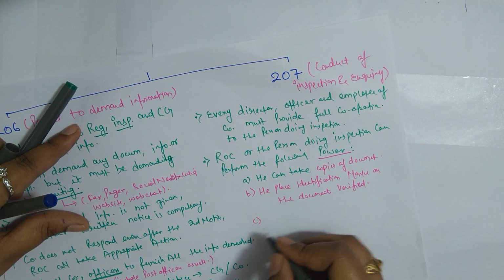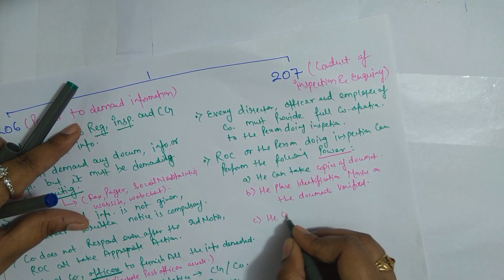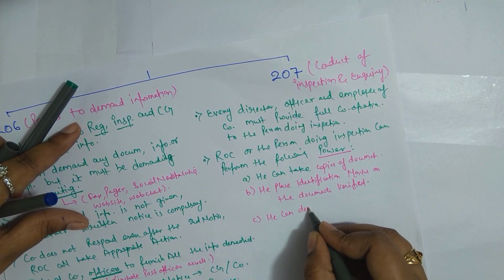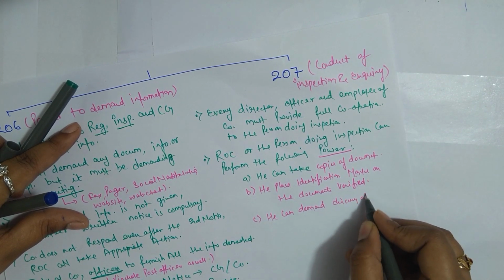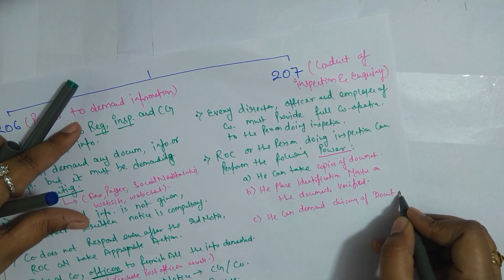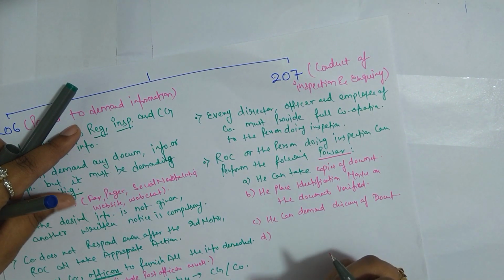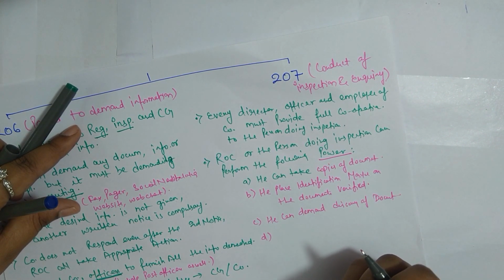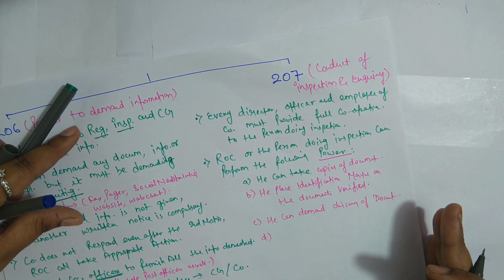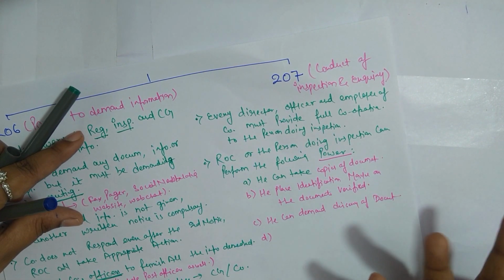No one is going to bind him. He can demand discovery of documents: where the document was discovered, who is the writer of the document, from where you purchased the goods, any information needed by the inspector to do the inspection, he can ask.